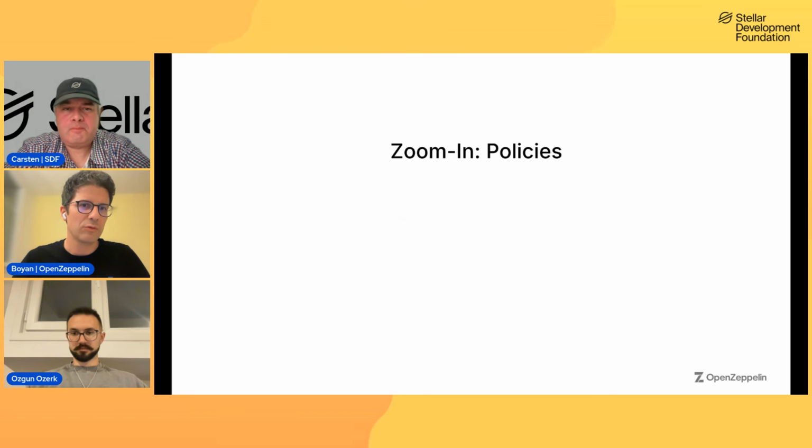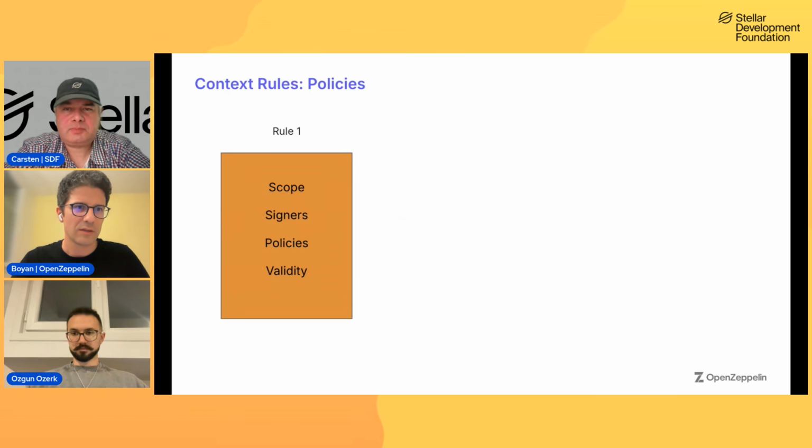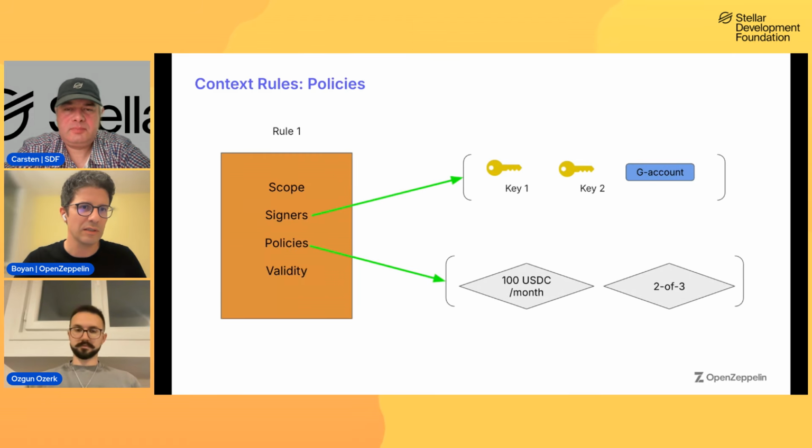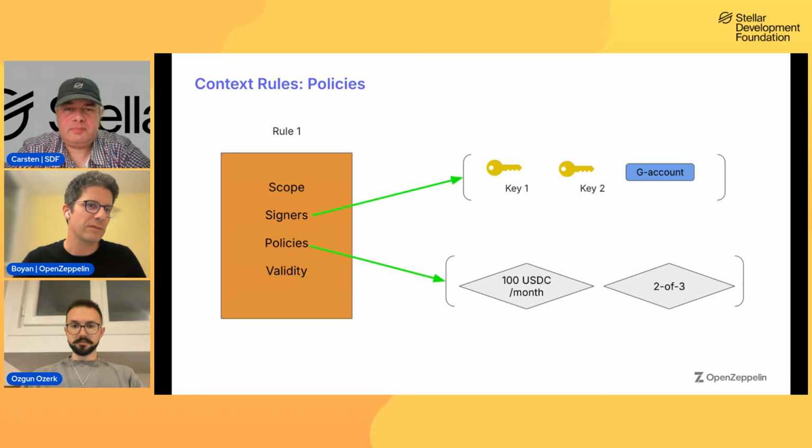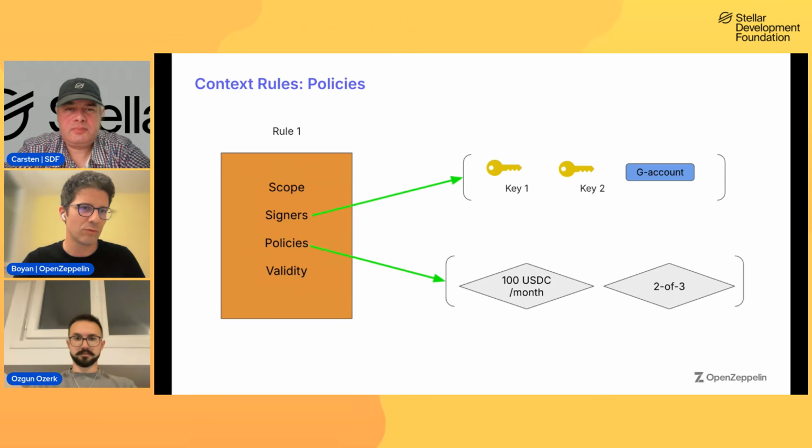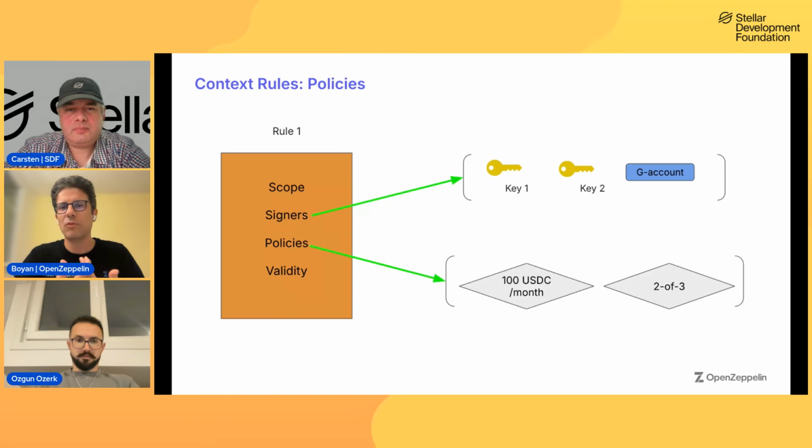Now let's look into policies. So we have here one context rule with the scope, the signers, and the policies. Let's say we have 3 signers, 2 cryptographic keys, and 1 G account. And actually, the policies customize how signers behave.